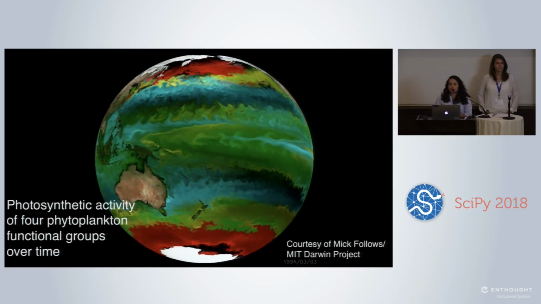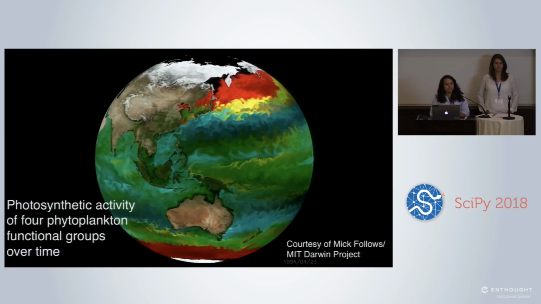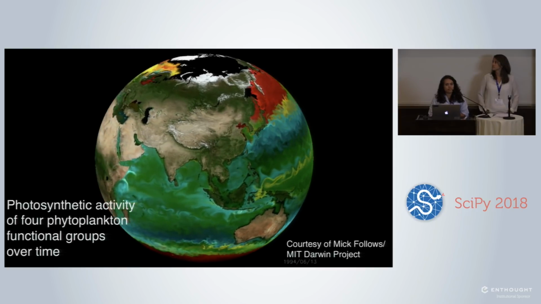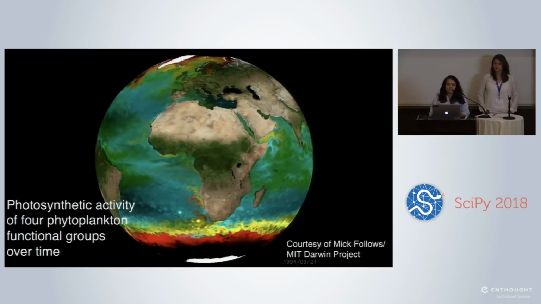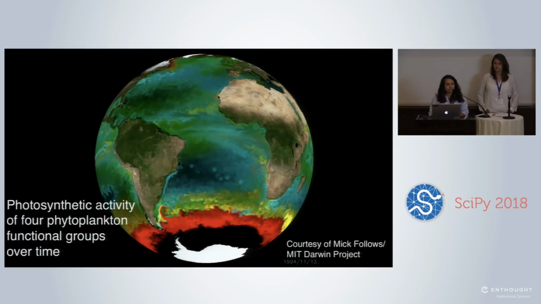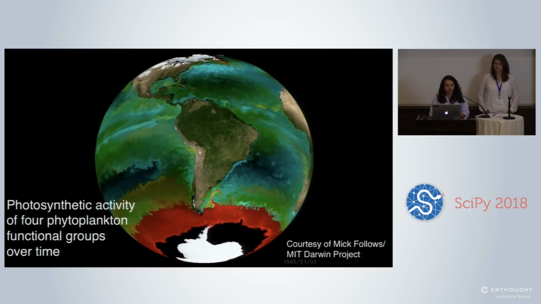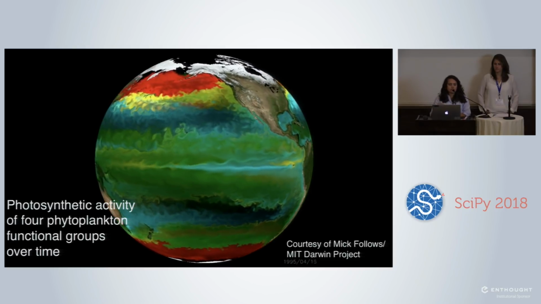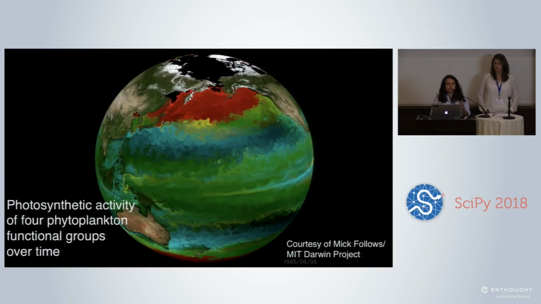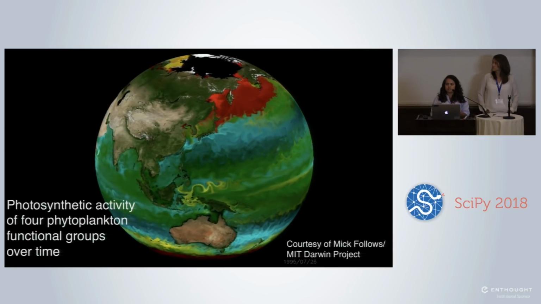It's probably no surprise to this audience, but the ocean is a very dynamic place for microbial life in the world. What we're showing you here is the distribution of different functional groups of phytoplankton in the ocean over the course of a few years. This is based on an MIT Darwin model. You can see that the distribution of these cells in the ocean is changing over the course of time.